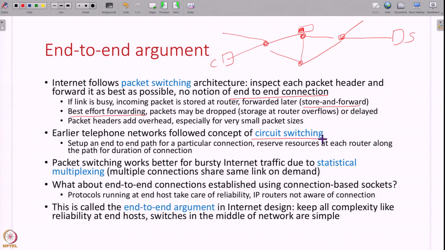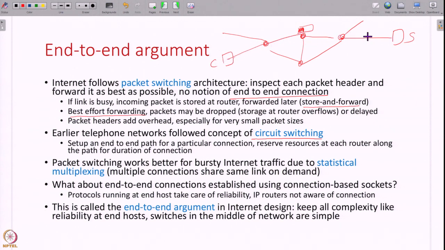What is circuit switching? In olden telephone networks, when somebody dialed somebody else, a notion of a path would be established along all routers between the starting point of the call and the terminating point of the call. All of these routers would be aware of this connection, and they would reserve some resources for it, because voice traffic is coming in continuously.